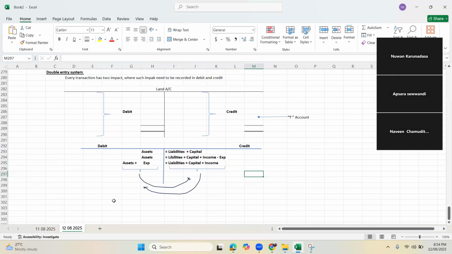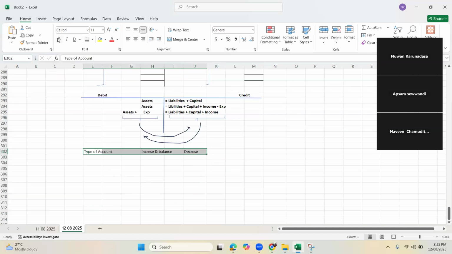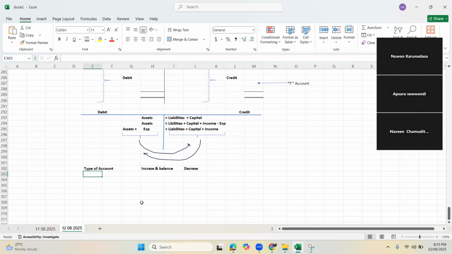Right? We'll write the proper double entry system by type of account. We have types of accounts: assets, expense, liabilities, income, capital.